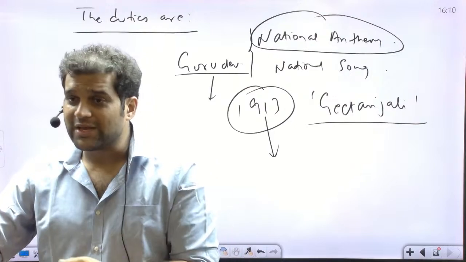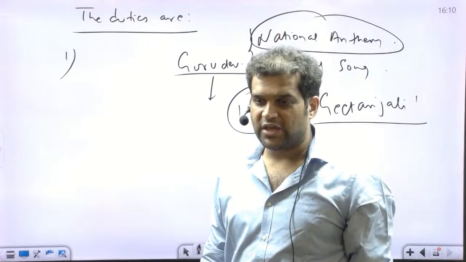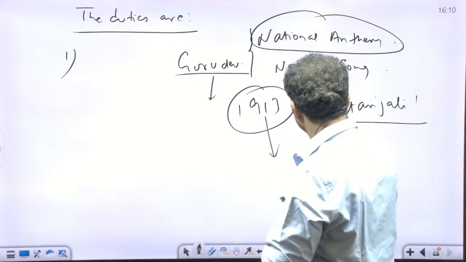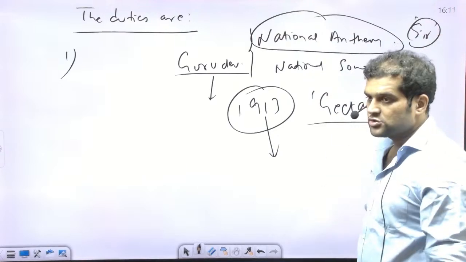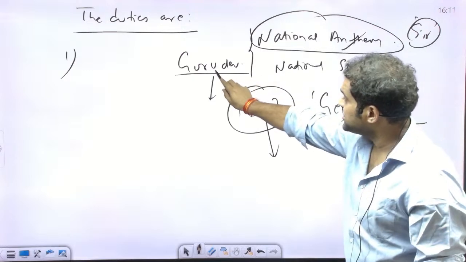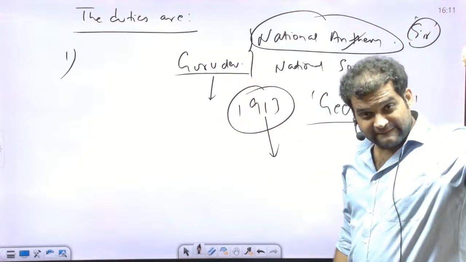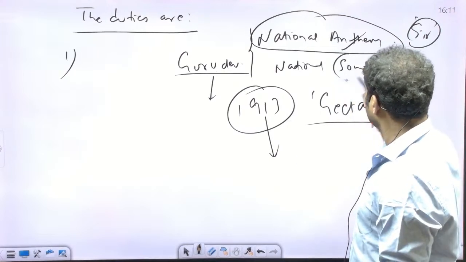So in protest, Rabindranath Tagore gave his knighthood, the title of Sir, away to the British government. That's some history related to the national anthem. He also wrote the national anthem of Bangladesh.